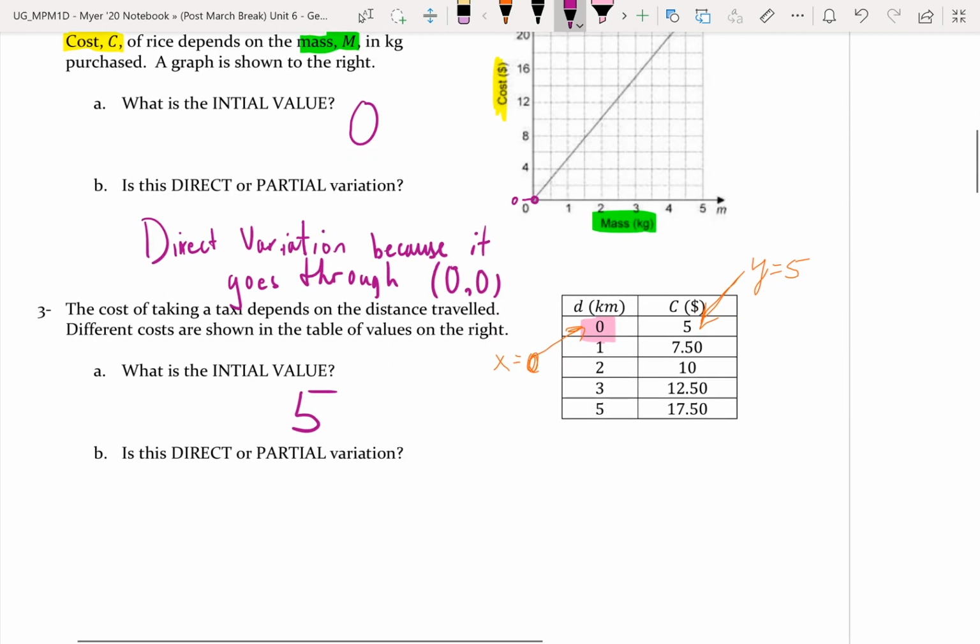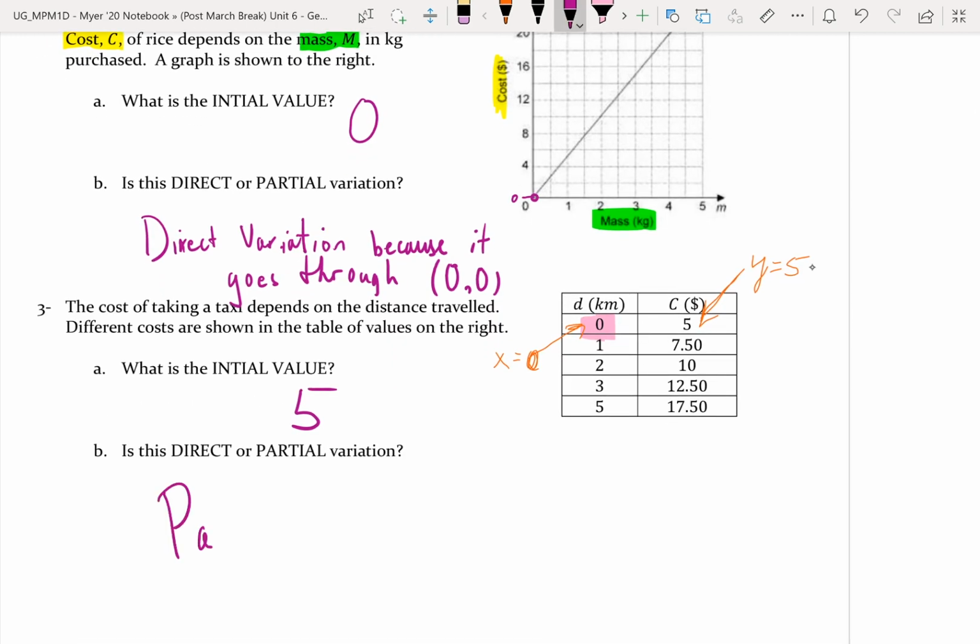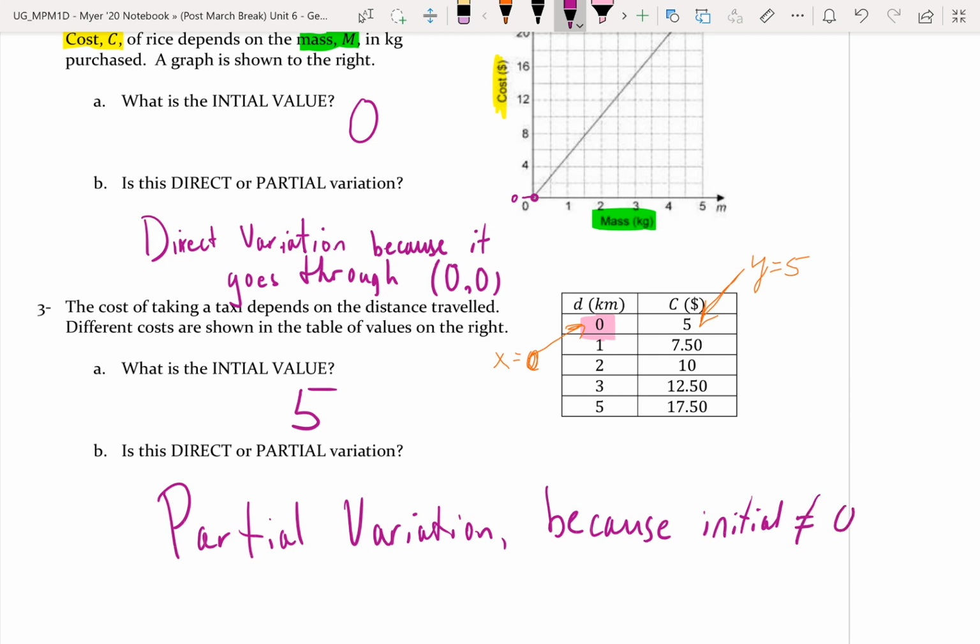So is this direct or partial? This one's easy. It's partial, because it has an initial value that is not 0. If the initial value is not 0, I'm going to say that it does not equal 0. The equal sign with the line through it means does not equal.